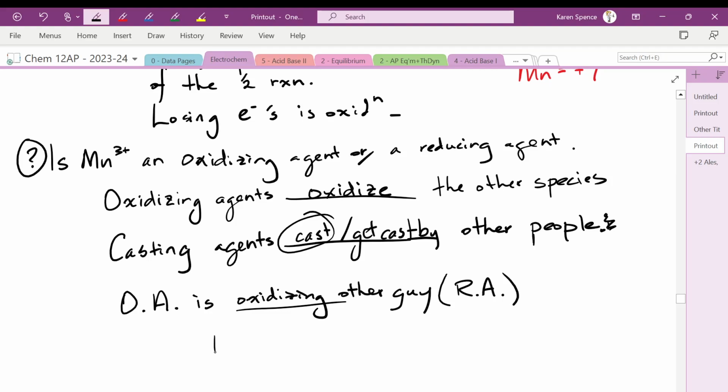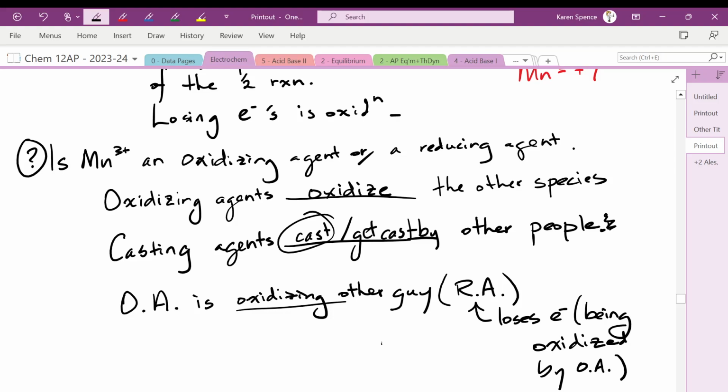If the reducing agent has to be losing electrons, right? Because it is being oxidized. So what's happening to the oxidizing agent then?